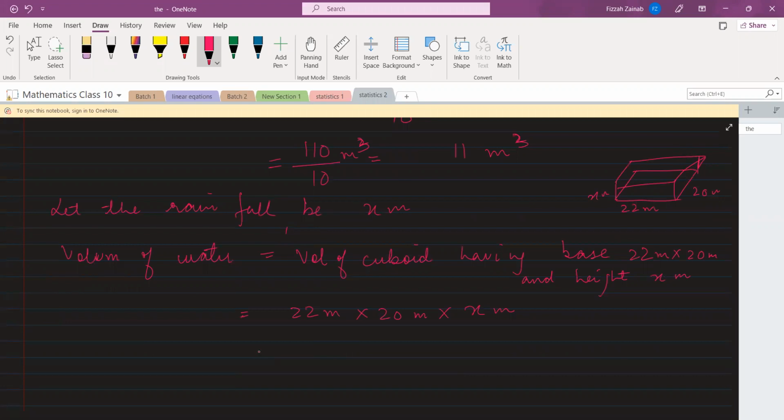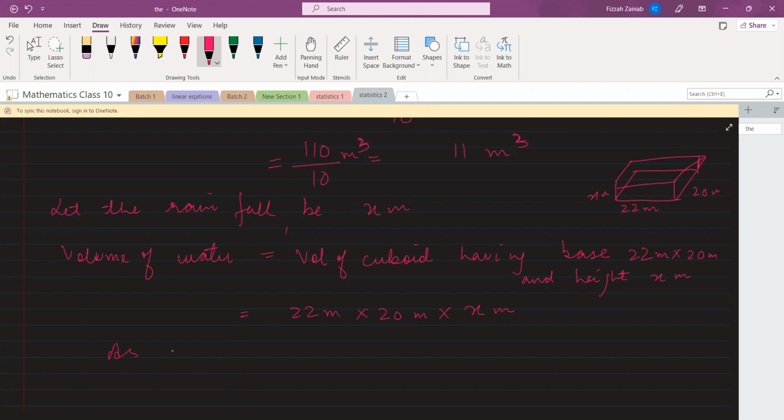So this is the volume of water, right? Now this volume of water is same as the volume of the cylinder, because the cylinder is just full, isn't it?